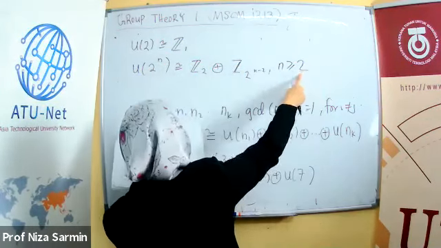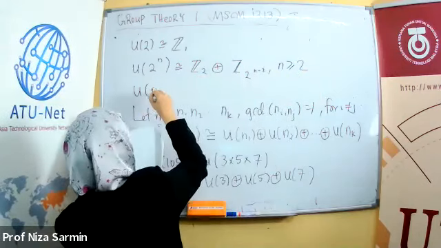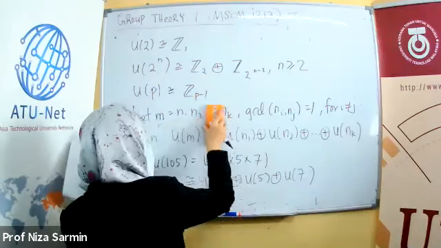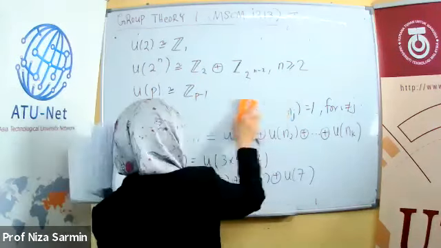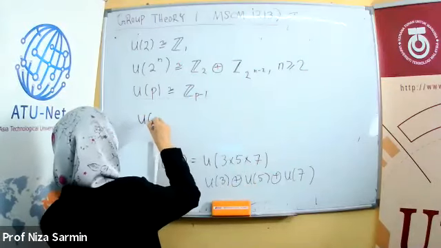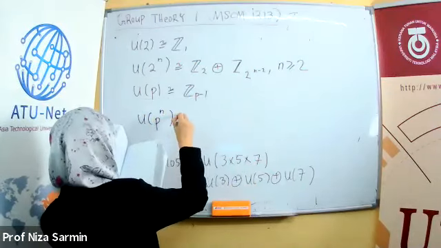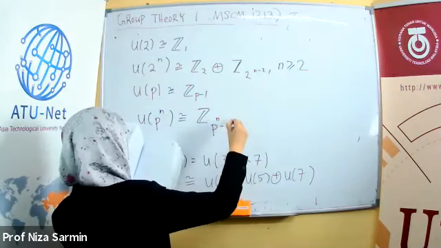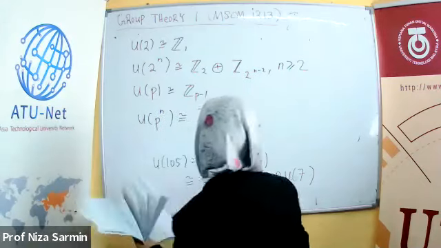It's 2. Okay. Up is isomorphic to Z of p minus 1. And U of p to the n is isomorphic to Z of p to the n minus p to the n minus 1.